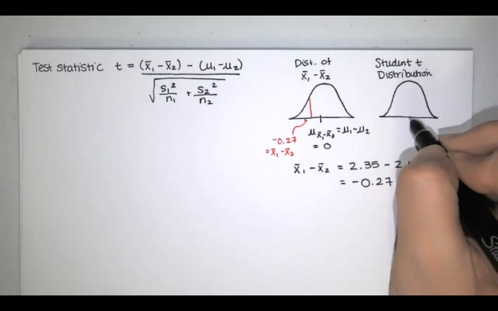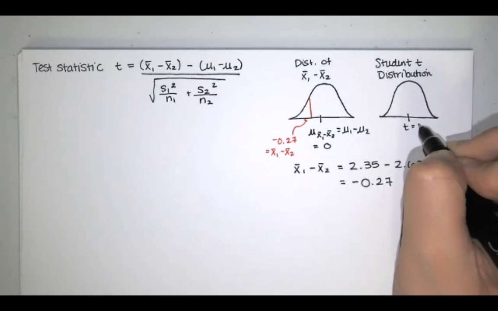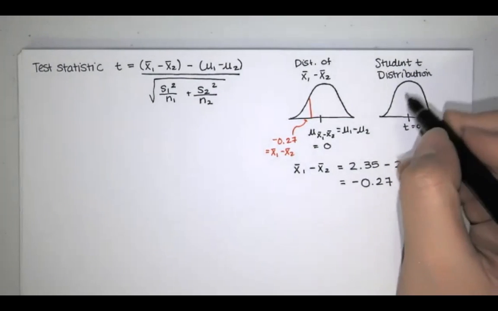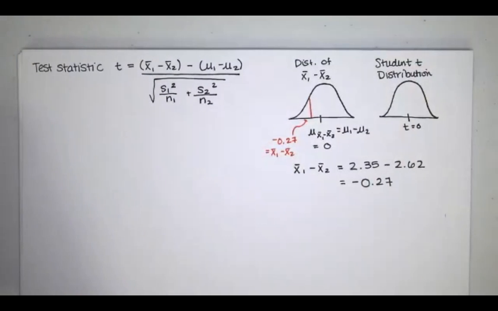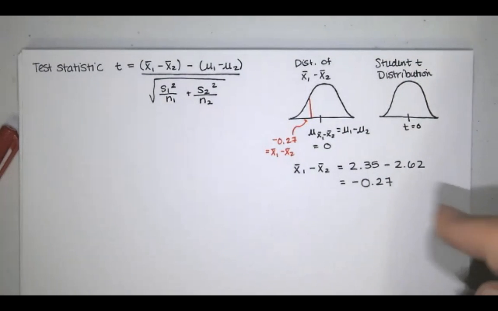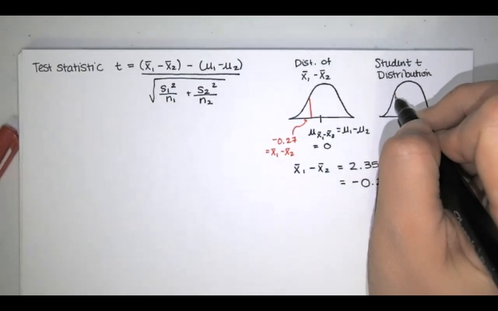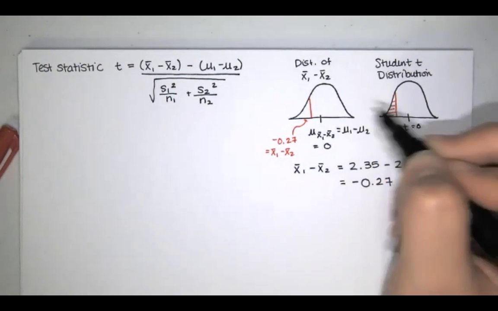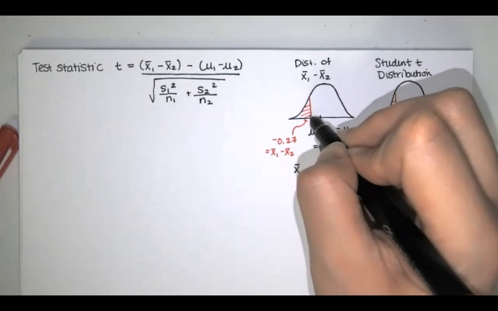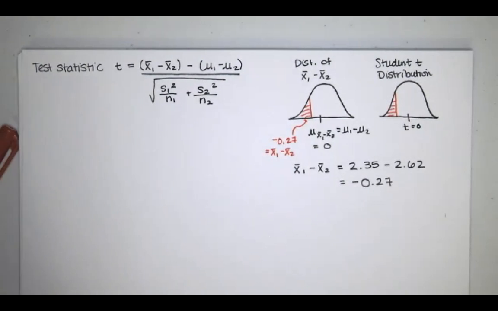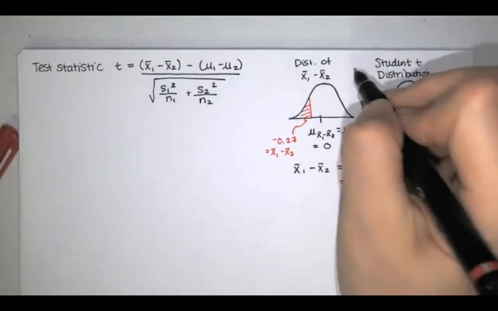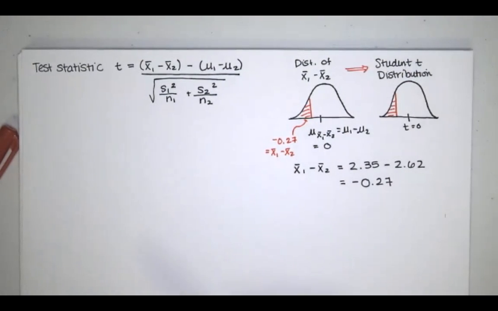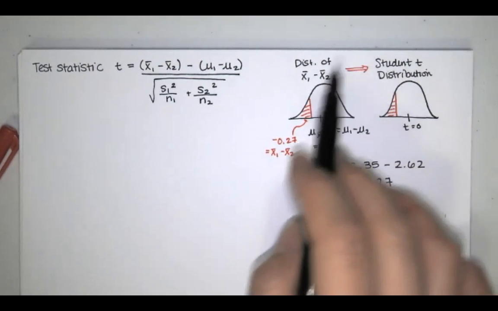This standard deviation is more than 1. And it varies for different values of the sample size. We're trying to find this test statistic T right here that corresponds to a certain area to the left. And it turns out that this area to the left over here is going to be equal to that area to the left over there after we convert. Okay, so that's the point.